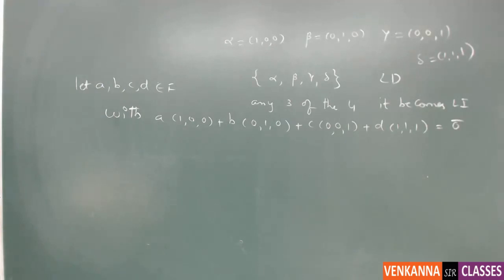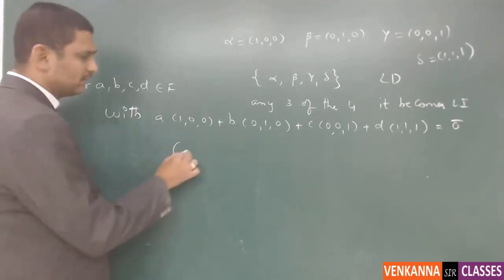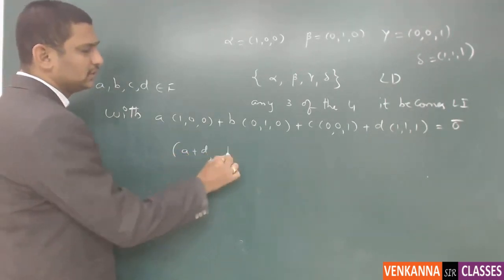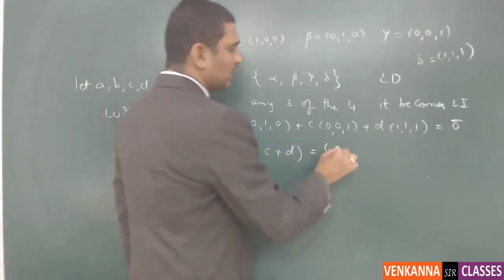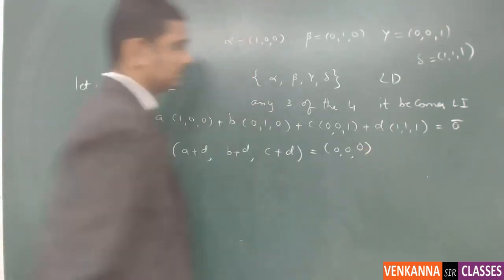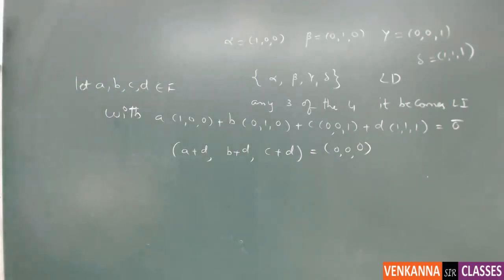Now you need to show you can find non-zero values for A, B, C, D. If you simplify, it is nothing but A plus D, B plus D, C plus D is equal to 0, 0, 0. So please check that simplification. Agreed?